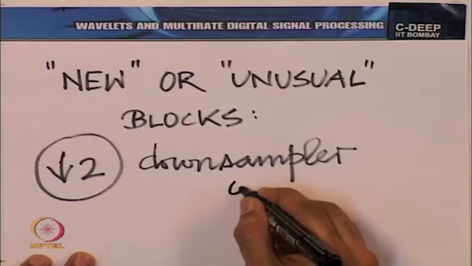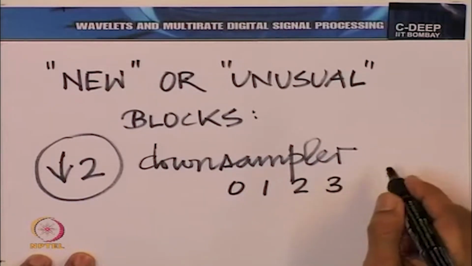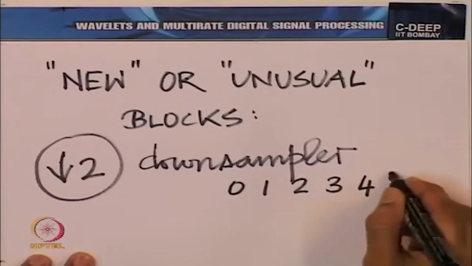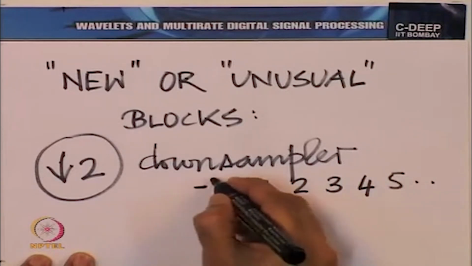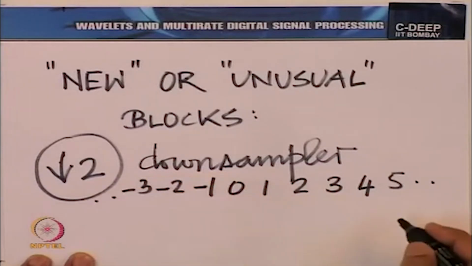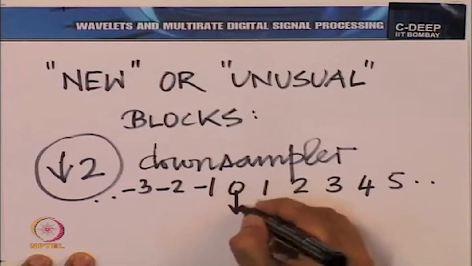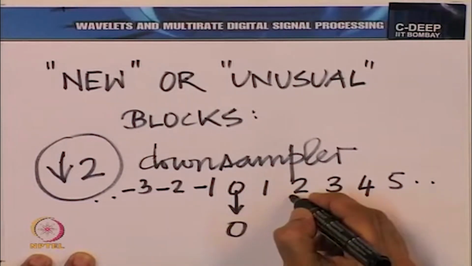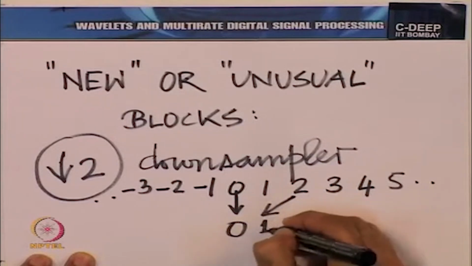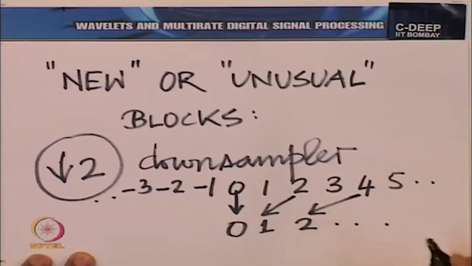When you had a sequence indexed by the integers, so let us say it is indexed by 0, 1, 2, 3, 4, 5 and so on, and of course, minus 1, minus 2, minus 3 and so on this side. The downsampler lets the 0 sample go to the point 0, the 2 sample to the point 1, the 4 sample to the point 2 and so on and so forth.